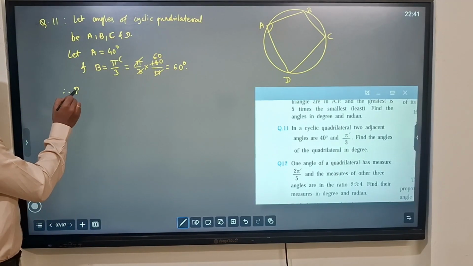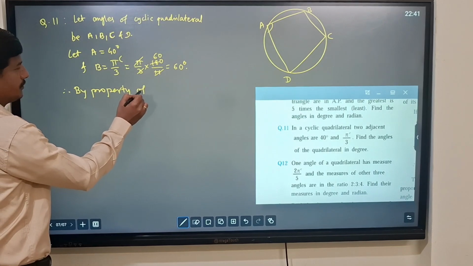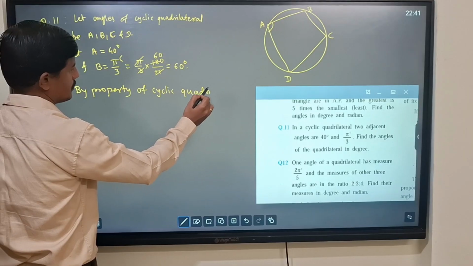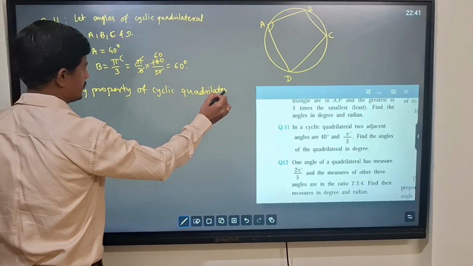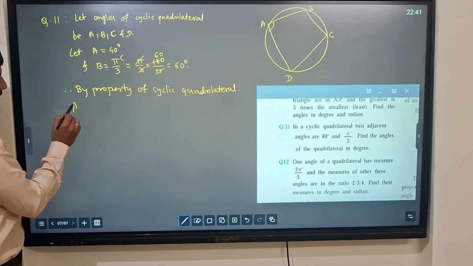Therefore, by property of cyclic quadrilateral, opposite angles are supplementary.